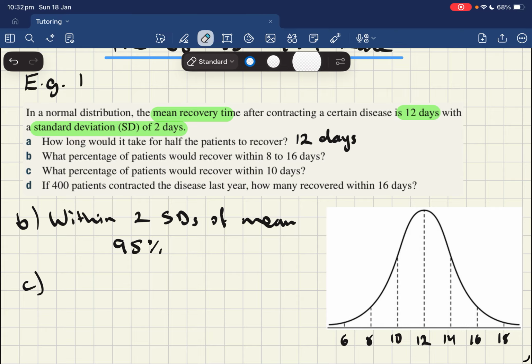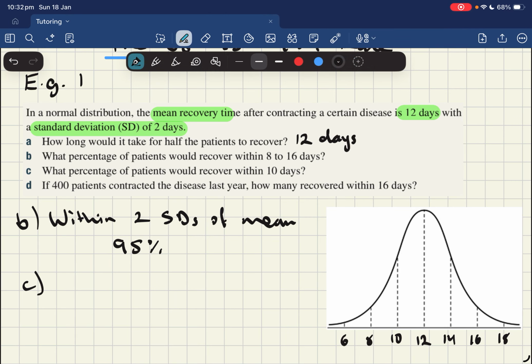Okay, next one. What percentage of the patients will recover within 10 days? Within 10 days means 10 days or less, so we're looking at this part of our normal distribution. Let's ask ourselves a couple of things. We know that from here to here makes up 50%.